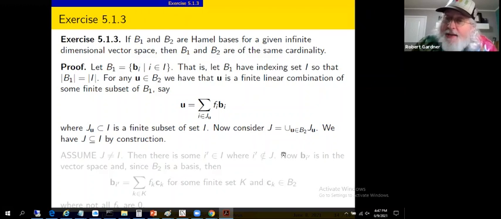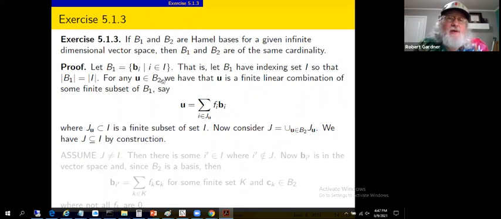So consider what you get by taking the union of all of those J sub u's as u ranges over basis B2. This would be all of the indices from I that are necessary to write all the elements of basis B2 in terms of the b sub i's.